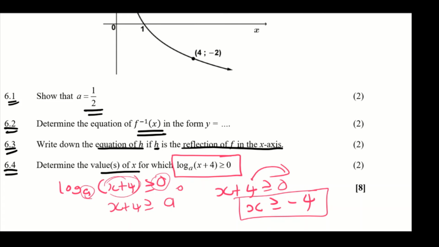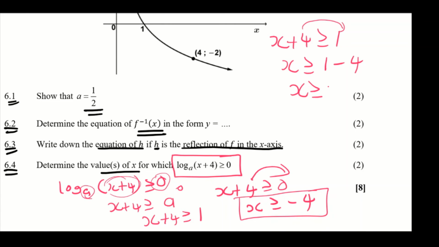Anything to the power of 0 is 1, so it's going to be x plus 4 greater than or equal to 1, and then you transpose the 4 to the other side, we have x being greater than or equal to 1 minus 4, right? So it's going to be x greater than or equal to minus 3. So this would be the second solution of x. So remember, this is the first solution of x, the second solution of x.